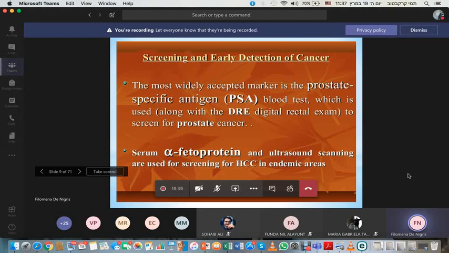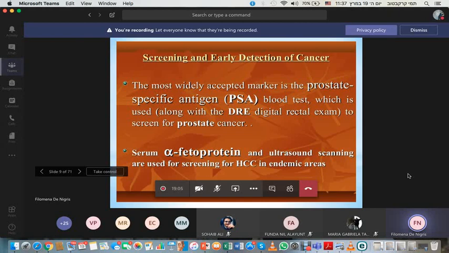Probably someone told you about these two genes that are predictive of development of breast cancer. PSA is the only marker, very sensitive, very specific, that we can use for prostate cancer.